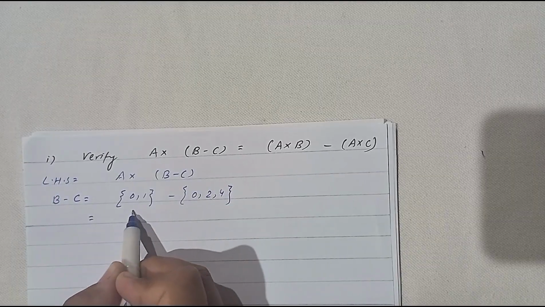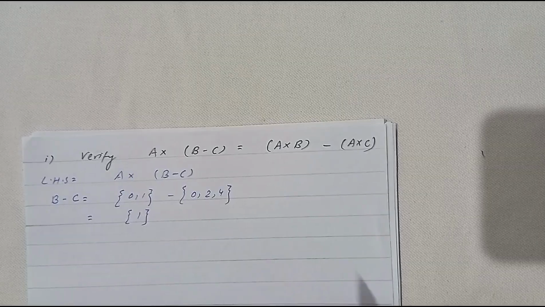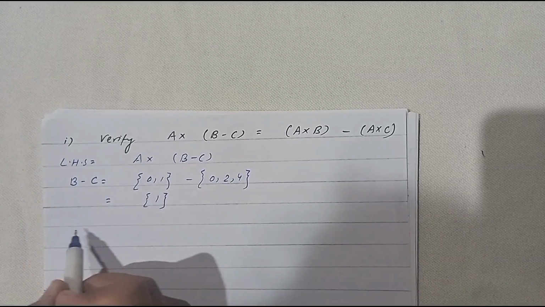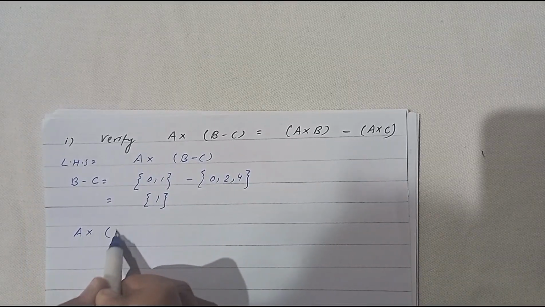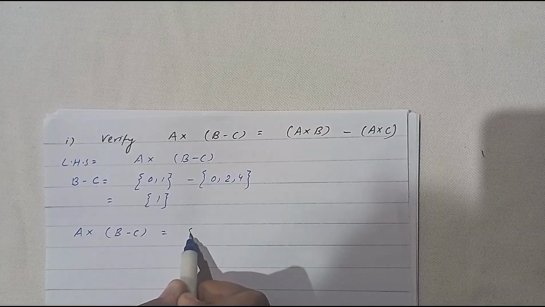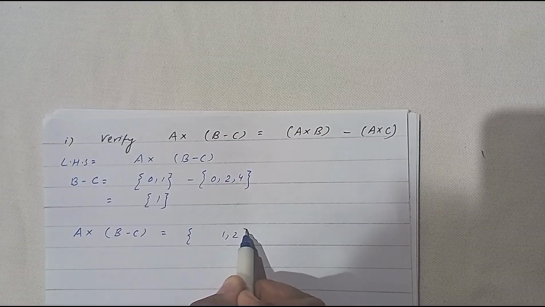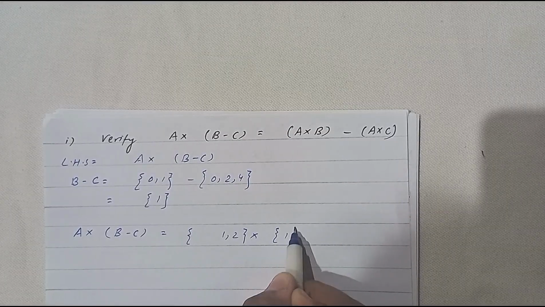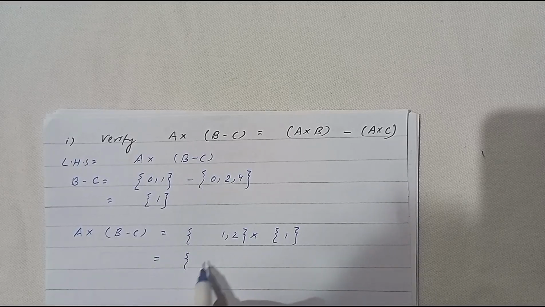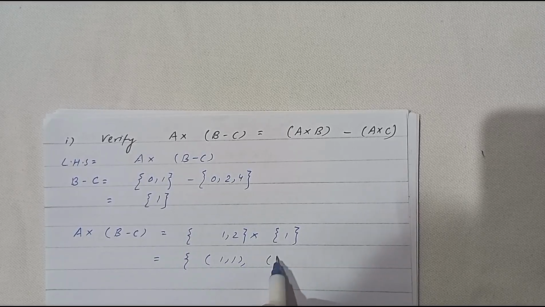Subtracting C from B, we get only the one element 1. Now taking the cross product of A with B minus C, write the elements of A that equal 1, 2, and taking the cross product with 1, that equals (1,1), (2,1).